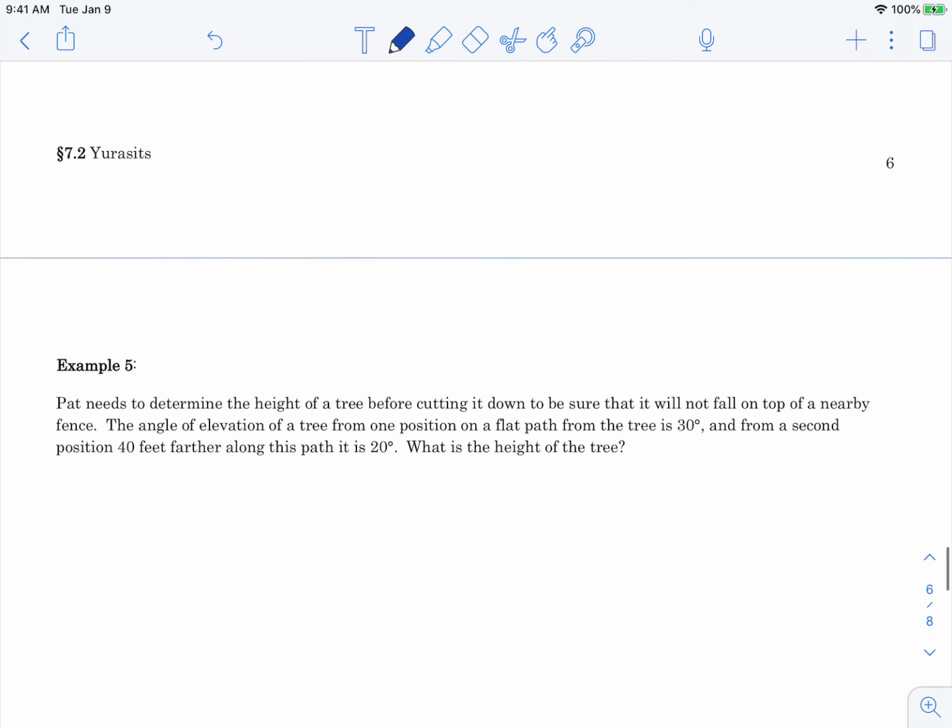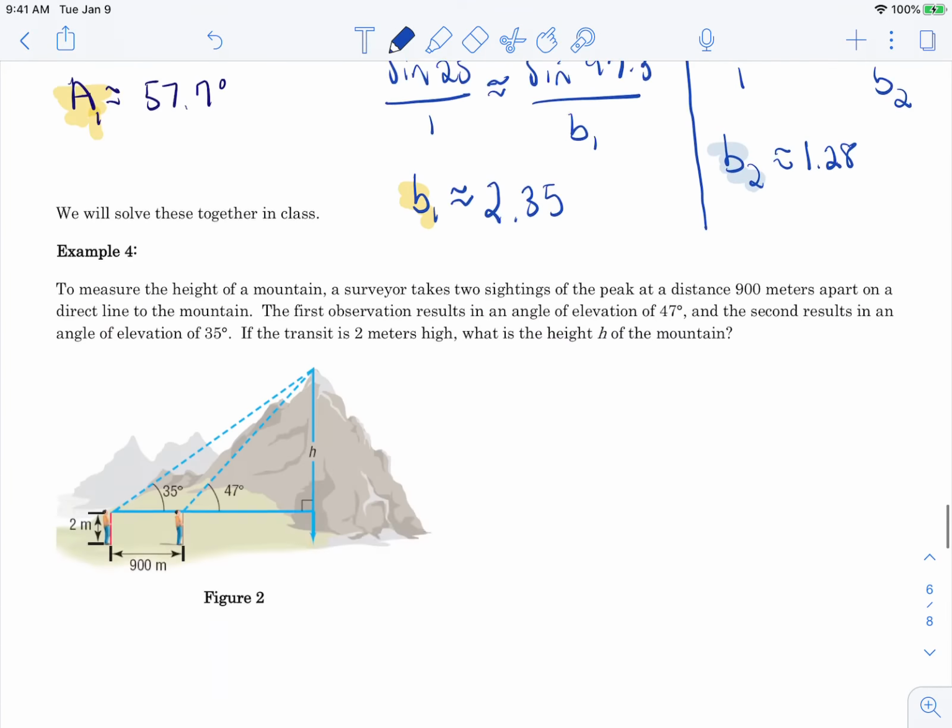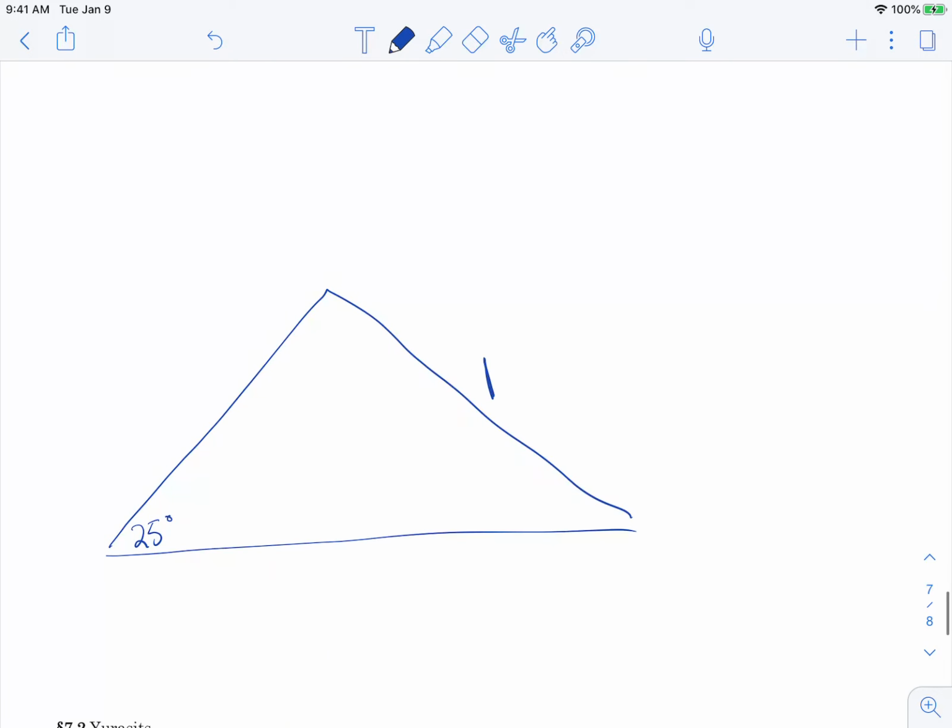I believe the other one was 2, yeah. And this was 2. So all of those sub 1s you found were, you found this guy, I guess I should label these. This is C, this is A, this is B. So you found this length, you found this angle. So this is A sub 1, this is B sub 1, this is b sub 1.